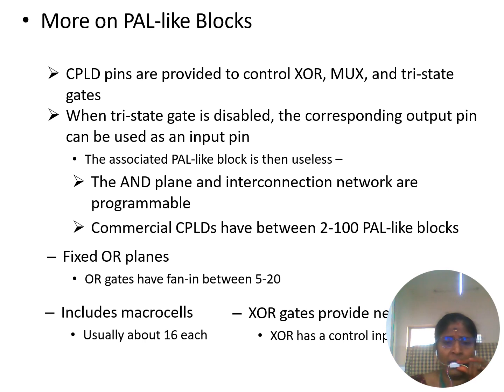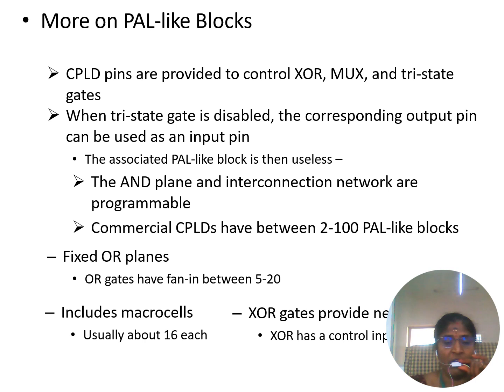The AND plane and interconnection network are programmable. Commercial CPLDs have between 2 to 100 PAL-like blocks. That is programmable AND plane, fixed OR plane. The fixed OR plane input is 5 to 20, that is given as a fan in.